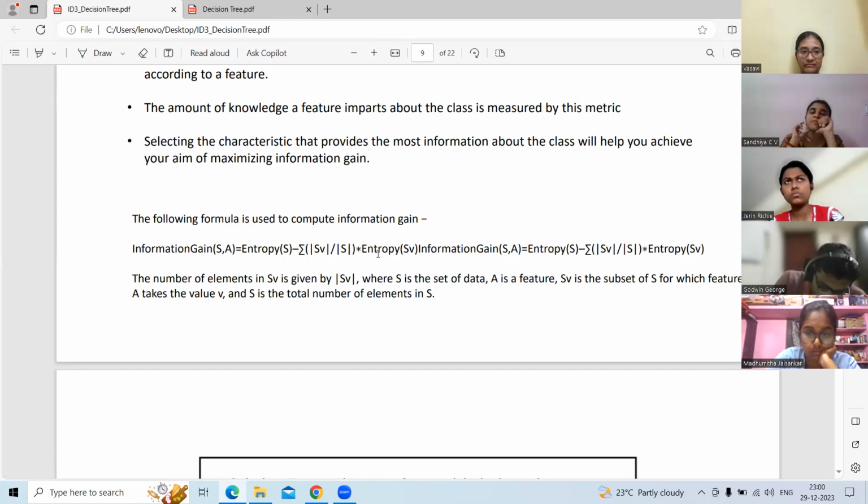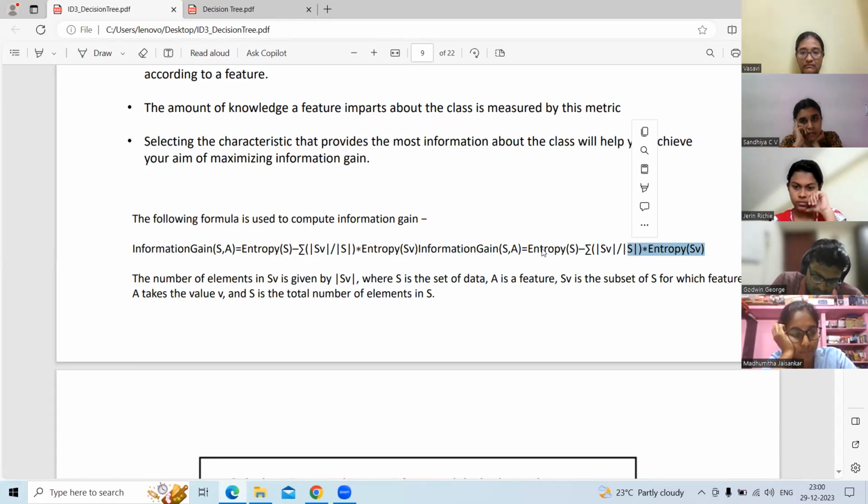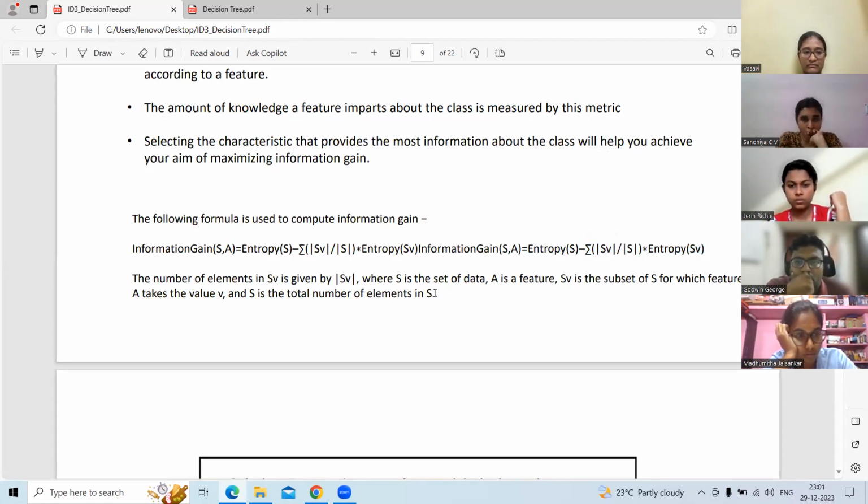And this is the formula, but for our understanding, what we can say is this is the entropy before split, and this is the average entropy after split. The difference between these two gives information gain, and this information gain should be maximum. Our feature should be chosen in such a way that our information gain is maximum.